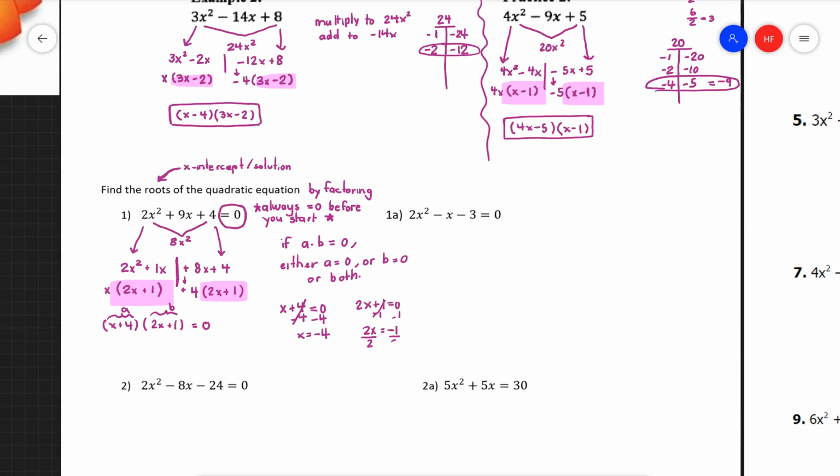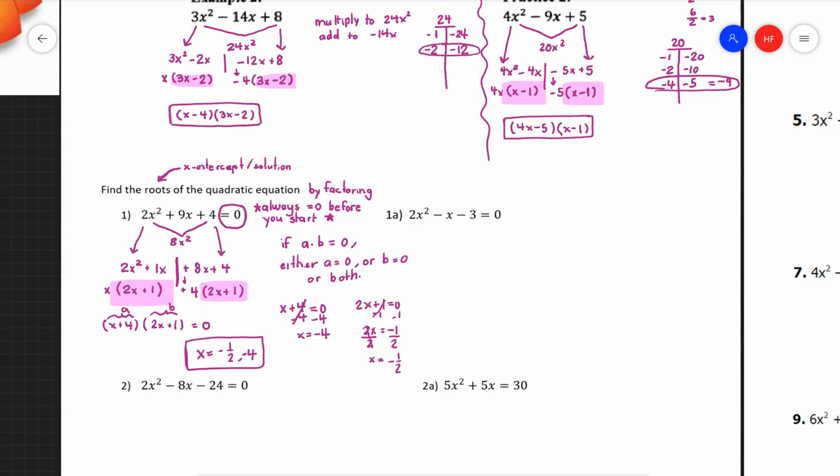Divide by 2. And x equals negative 1/2. So I have found the roots, the x-intercepts, the solutions. X equals negative 1/2 and x equals negative 4.